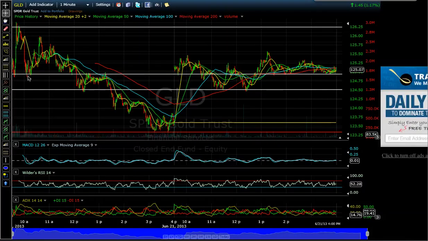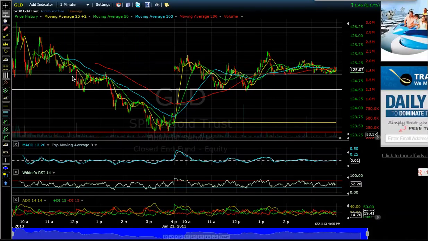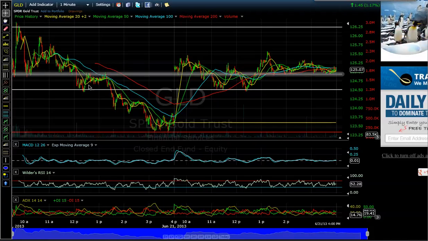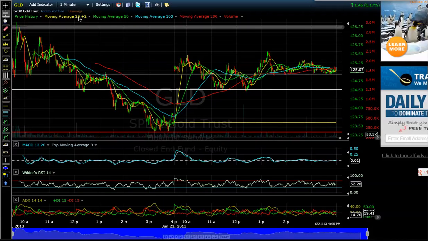Of course we can't use the 200-day on the 2-day chart, because when you're looking at 200, it's using the average over a 200-minute time period. So that's why it only starts here at about 1 o'clock, or right before 1, maybe about 12:40.